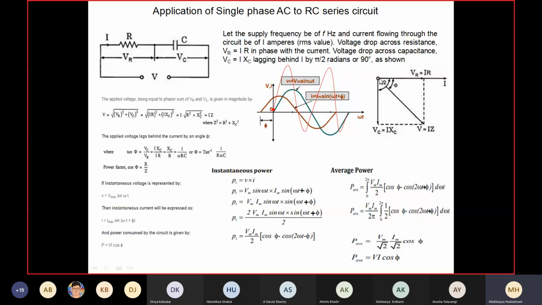V equals the root of VR square, the horizontal side, plus Vc square, the vertical side, which in turn is IR square plus IXc square, which equals I outside under the root R square plus Xc square. If I represent that as I into Z, then Z equals the root of R square plus Xc square, and we get the relationship. So this is how I can construct the vector diagram.